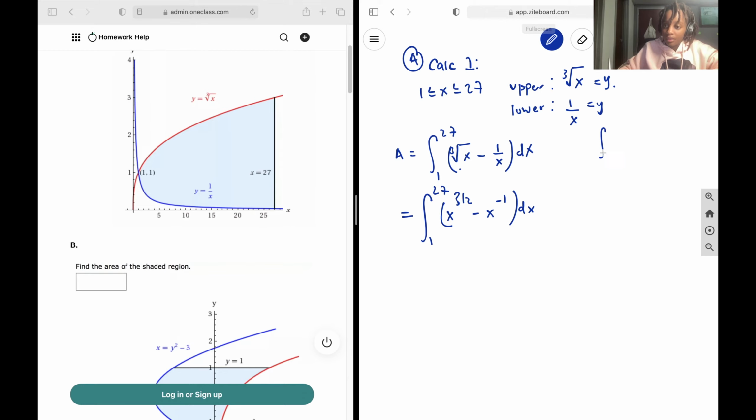And so we need to remember that the integral of 1 over x is equal to ln x, and the integral of x to the power of a is equal to 1 over a plus 1 times x to the a plus 1. Sorry, the exponent is supposed to be 1 over 3, not 3 over 2.